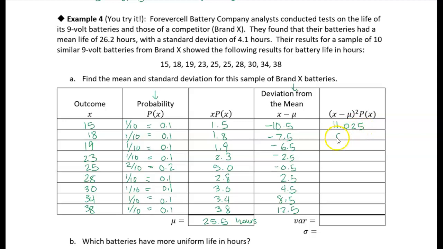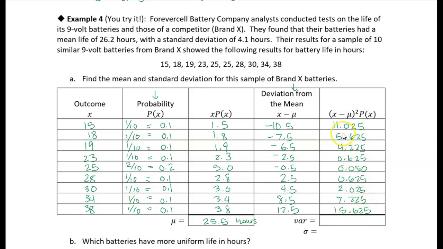11.025, 5.625, 4.225, 0.625, 0.050. Let's see, the next one is 0.625, 2.025, 7.225, and finally I got 15.625.